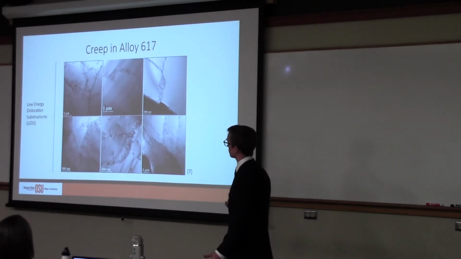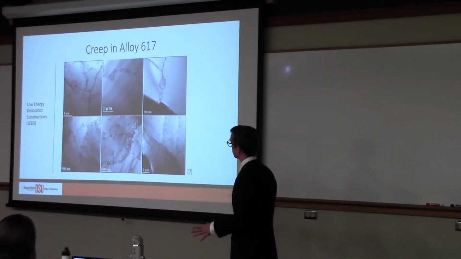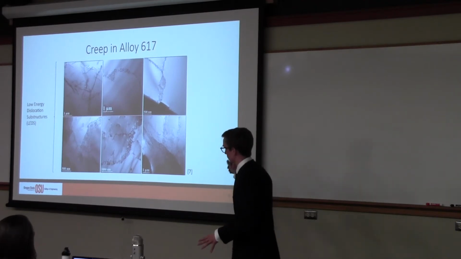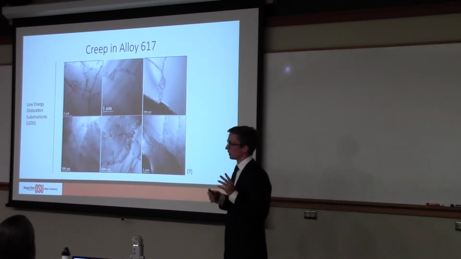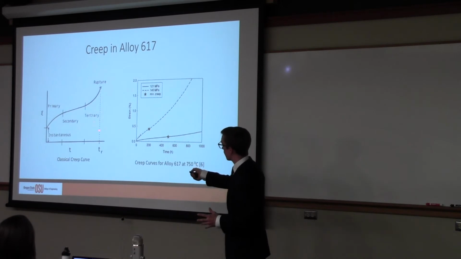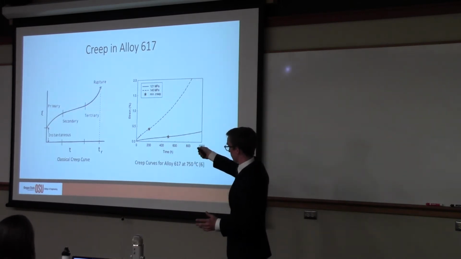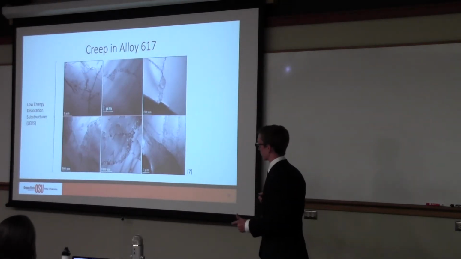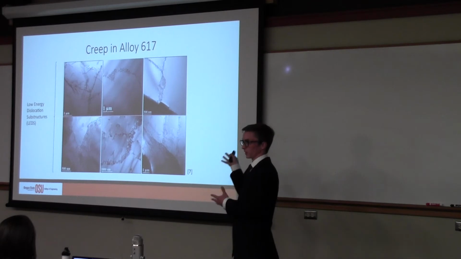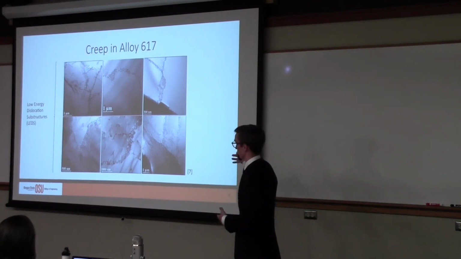One other thing we wanted to take into account about creep in this alloy is some research by Lillo and Wright at Idaho National Labs. At this temperature, the actual mechanism that gives you the onset of increasing strain rates and catastrophic failure and rupture is something called low energy dislocation substructures, which we can't see unless we look with transmission electron microscopy.